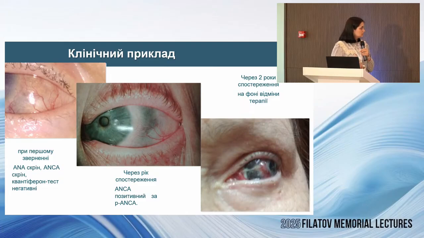Later analysis began to be positive on protein kinase, which is characteristic for Wegener. And also she had inflammation foci in palms. Then she disappeared, she didn't visit us, and she didn't get systemic therapy.